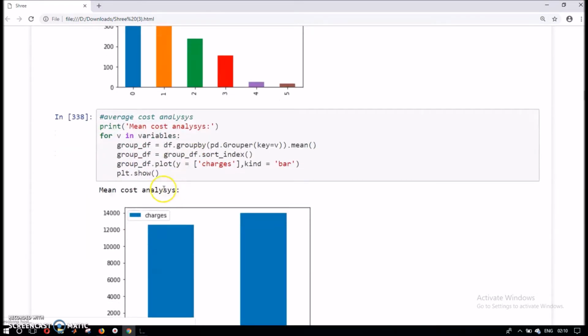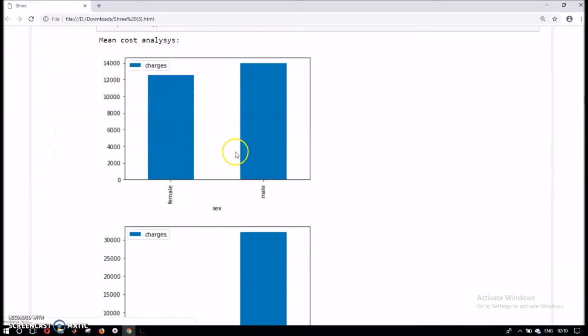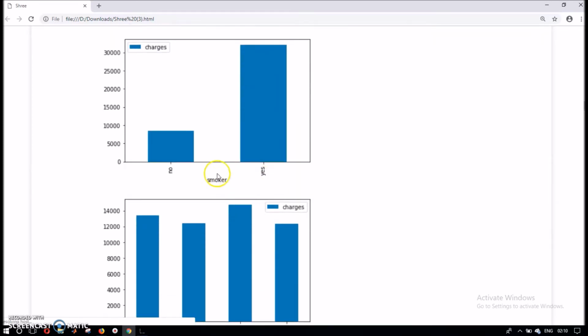So let's do an average cost analysis. In this, we will plot all our attributes with respect to charges. So here you can see that average charges paid by males are more than that by females, and average charges paid by smokers are way more than that by non-smokers.